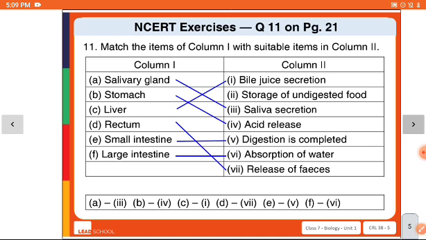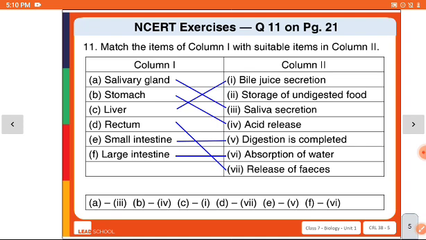That is question number 11 on your page number 21. The first column presents some organs, which are salivary glands, stomach, liver, rectum, small intestine and large intestine. And on the other side, in column 2, we have to match the suitable secretion.